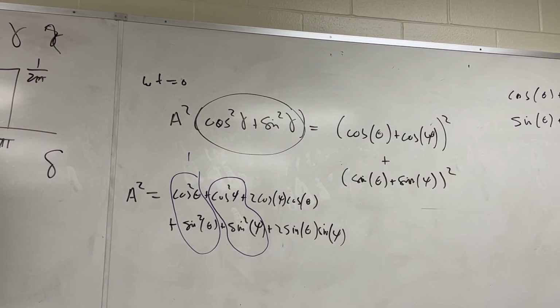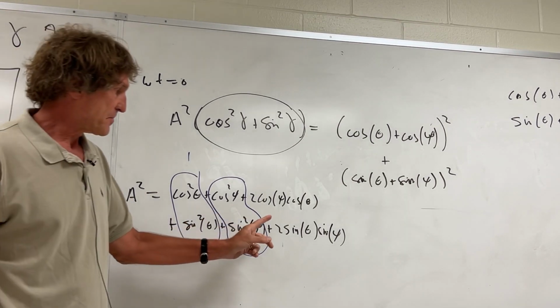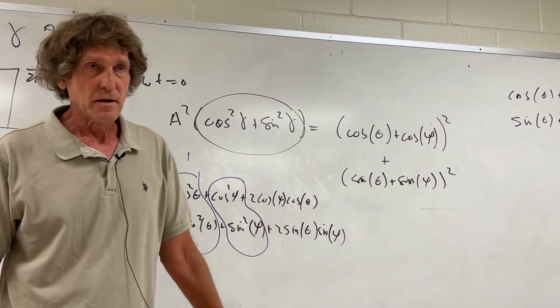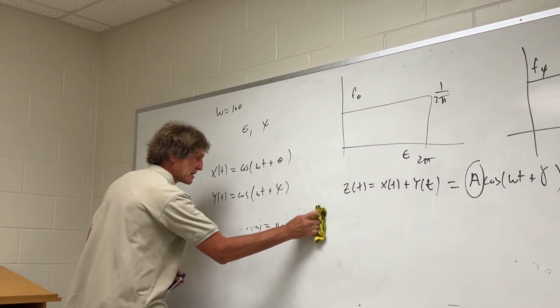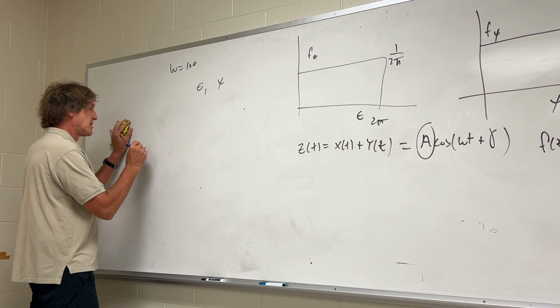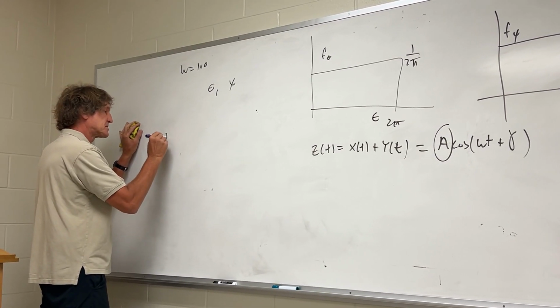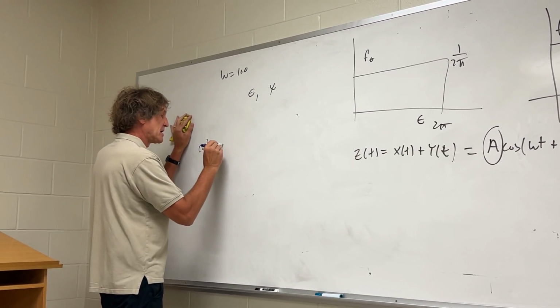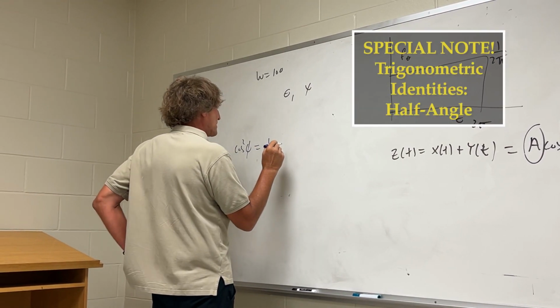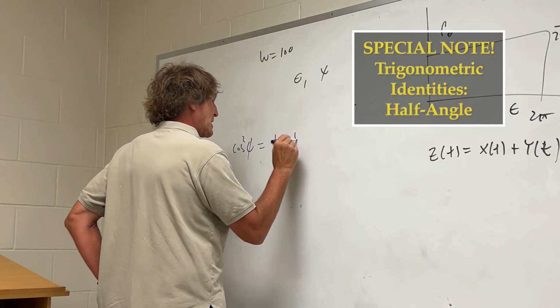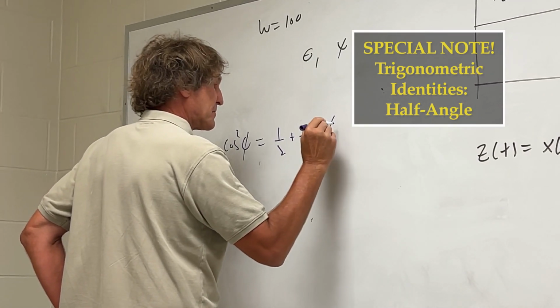Now we have 2. The next term right here, we get from this identity, or we can group. I'm going to move these out of here. So if I have cosine squared of phi, that's 1/2 plus 1/2 cosine of 2 phi.